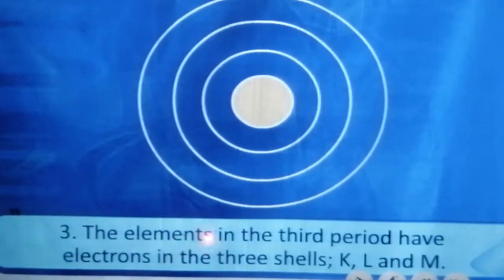The elements in the third period have electrons in three shells, K, L, and M. This is the nucleus.